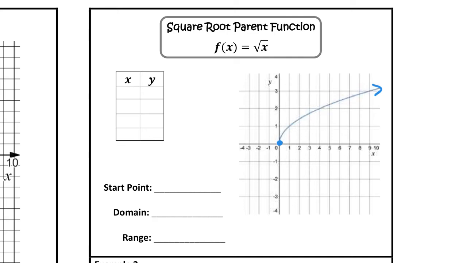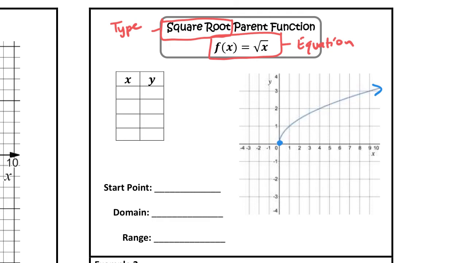Okay, so let me highlight some of these things. So this is the name of the type, and this is the equation. Now there are some key points that we're going to focus on for this graph, and it depends on the function, because the function is the square root function.